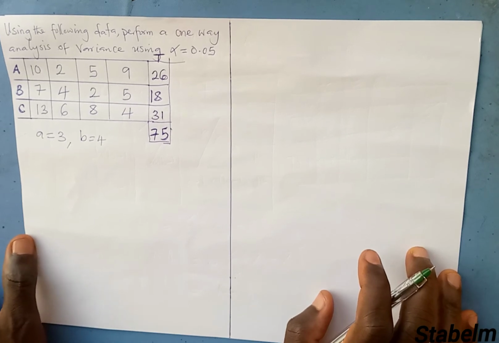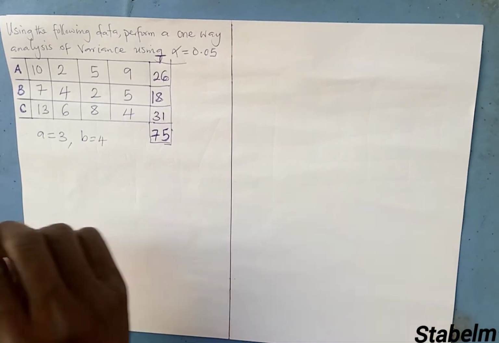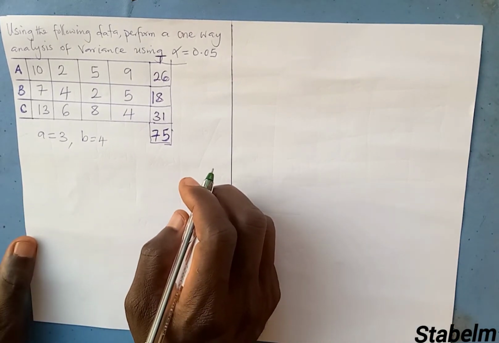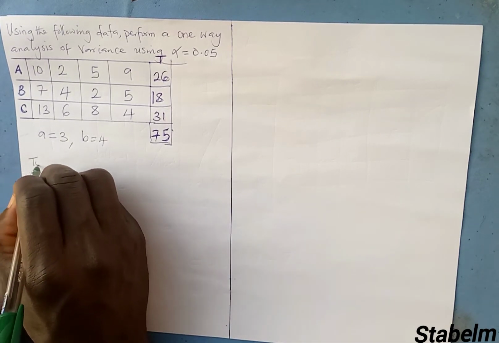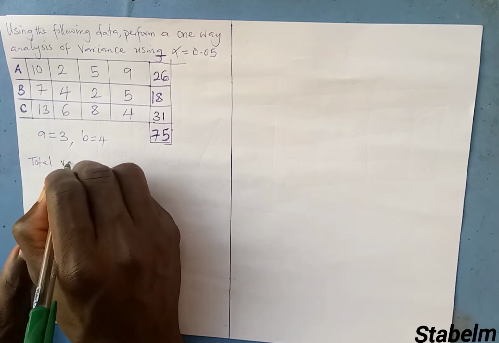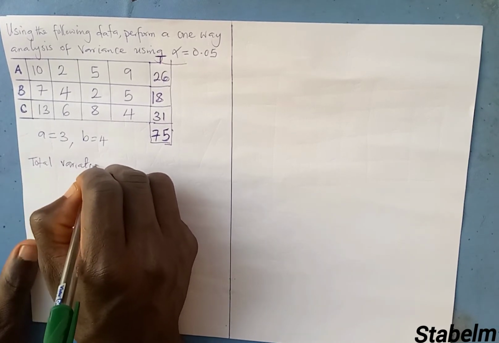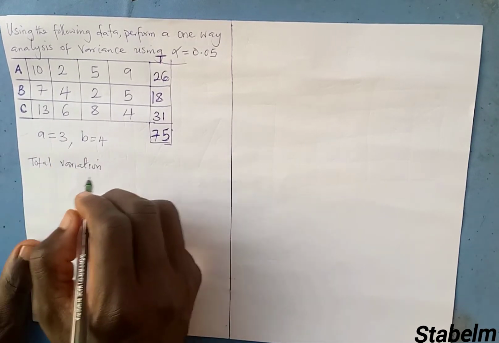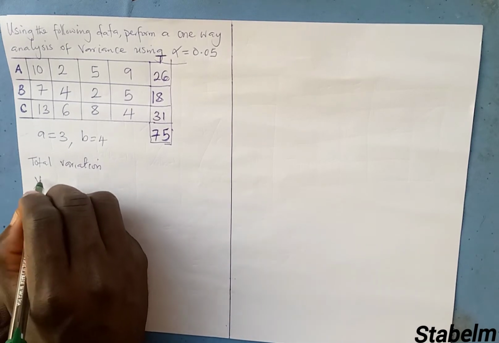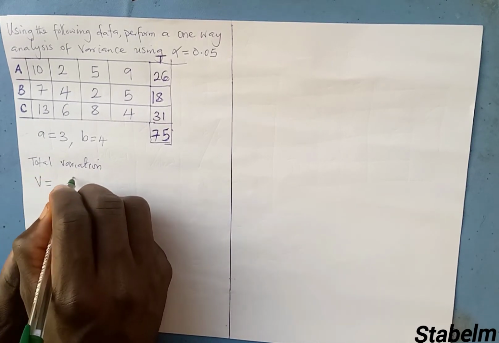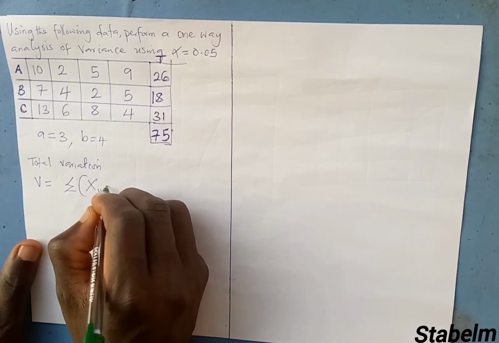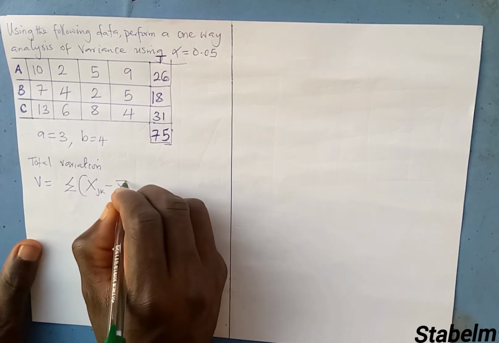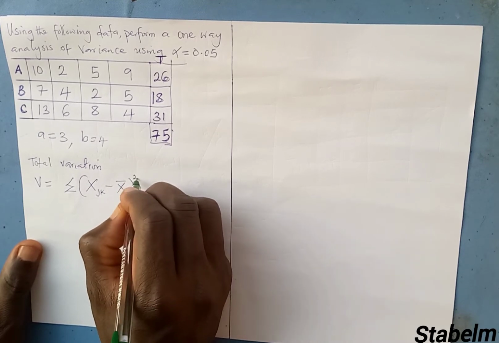Now from the formula, we need the total variation. We have total variation first. So we have V equals the summation of, in brackets, xjk minus x bar, all raised to the power 2.